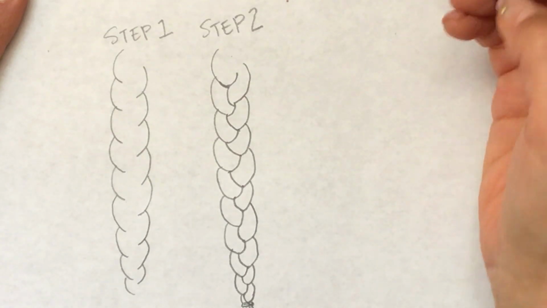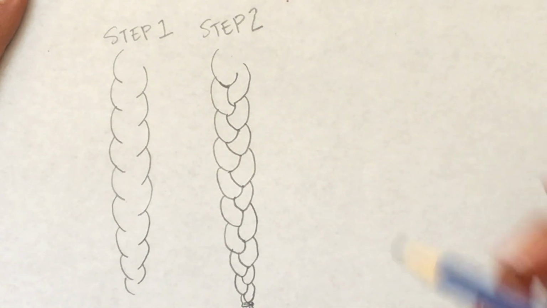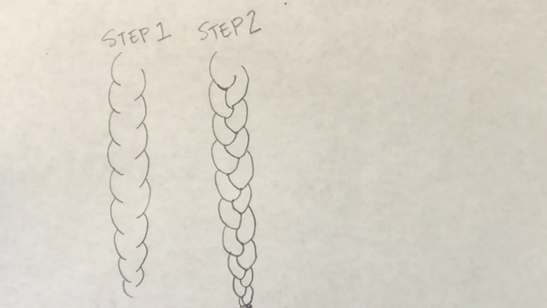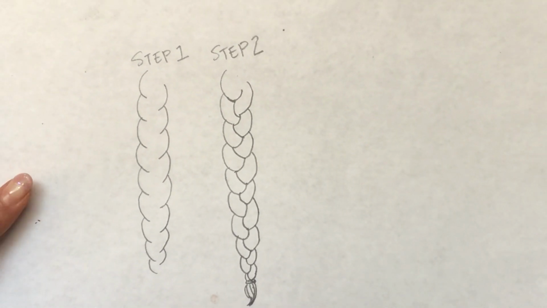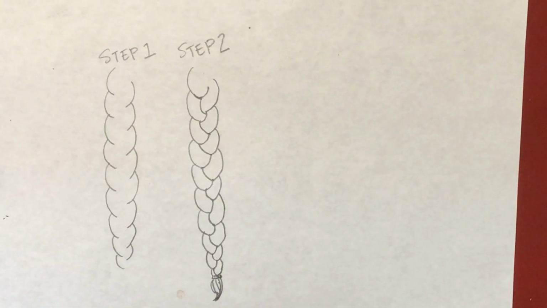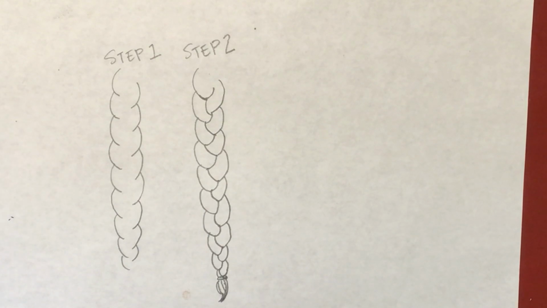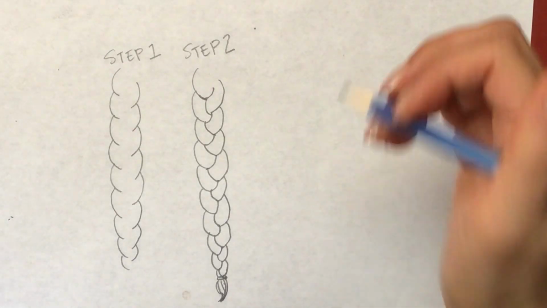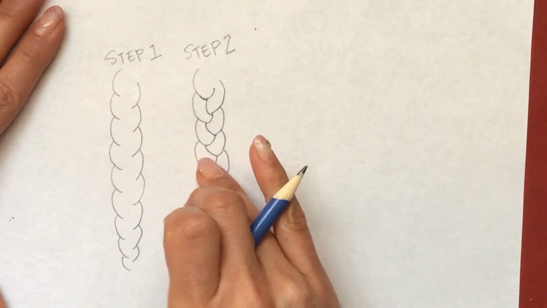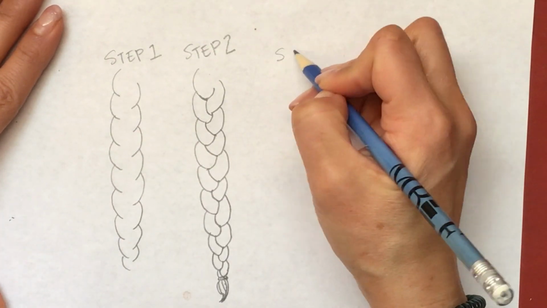Okay, now for step three. Once again, for your step three, you can just keep going on the same braid. You don't have to do each section the way I have.